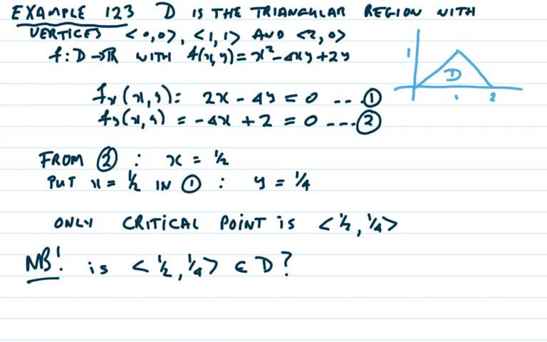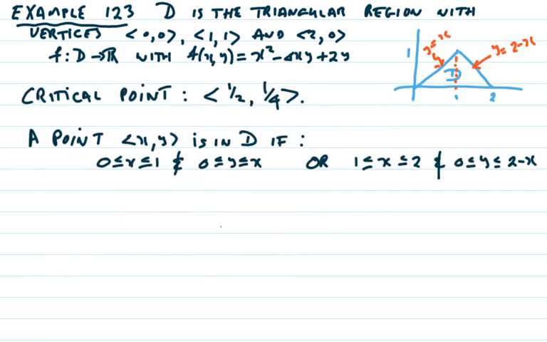That means that the points where the partial derivatives are both zero may yield a point that is not within the domain of the function that was given. So we need to convince ourselves that this critical point that we found is indeed in the set D.